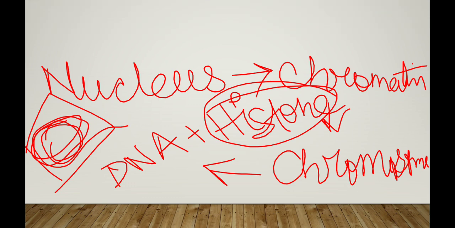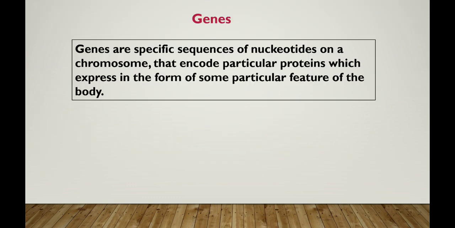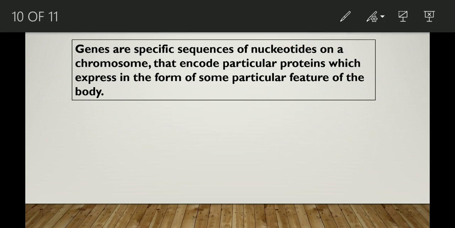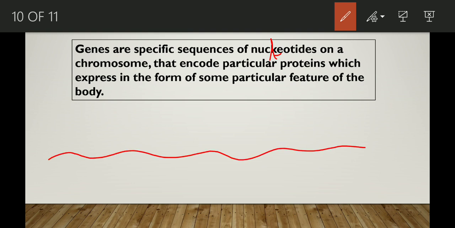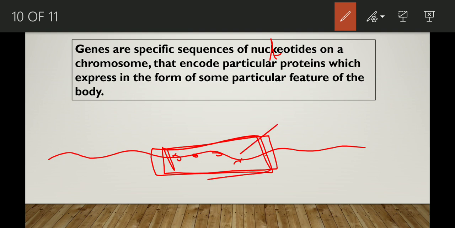Now what are genes? Genes are specific sequences of nucleotides that are present on a chromosome. That means if this is a chromosome, then there are specific sequences of nucleotides that we call genes.